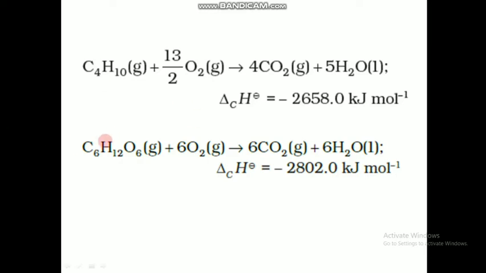Similarly, this C6H12O6 is broken down into CO2 and H2O by different types of enzyme catalysts in our body. So the same reaction is happening, but in many steps. It is not actually burning, but it is broken down into the same products.